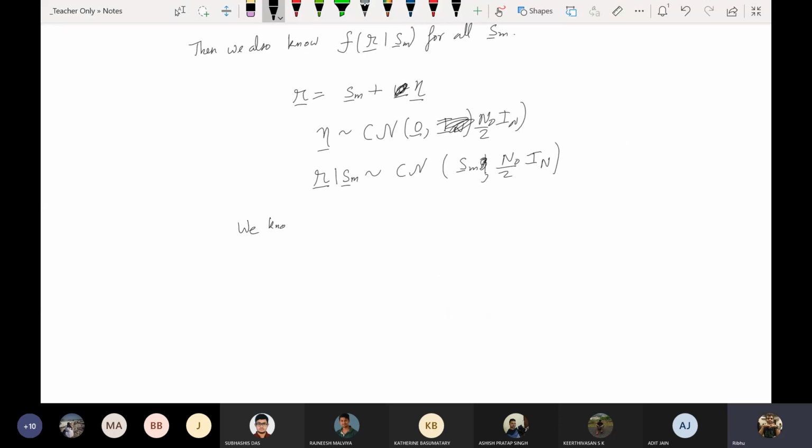So we know the priorities, the symbol. We know R can.